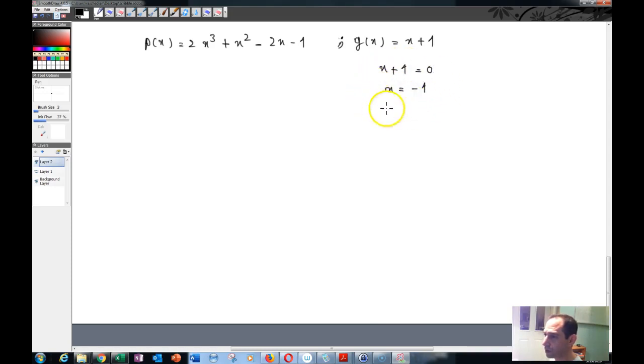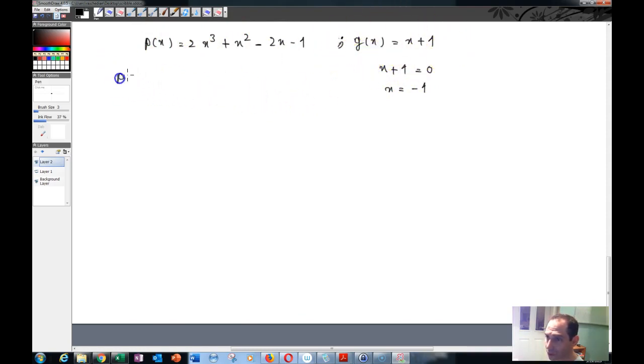So now if the value of this polynomial at this value is equal to 0, that means that this polynomial is actually divisible by this polynomial.